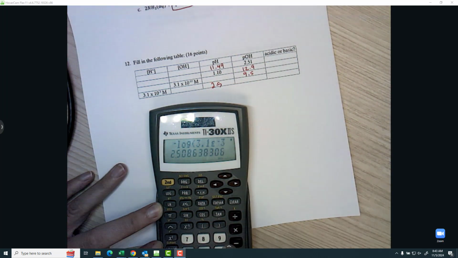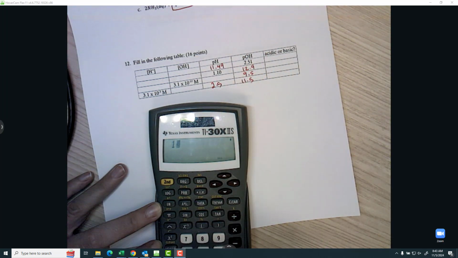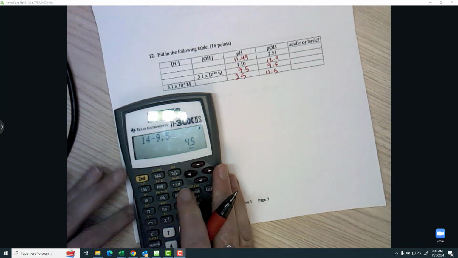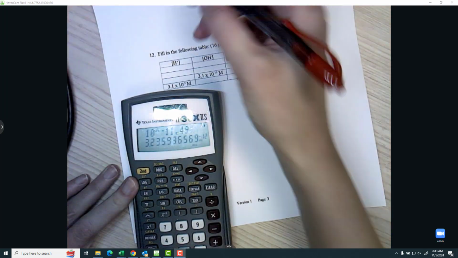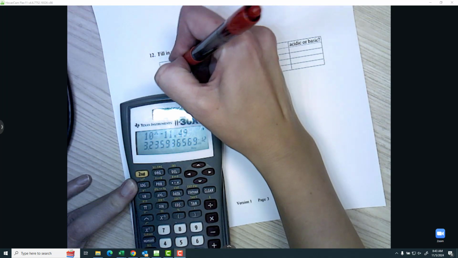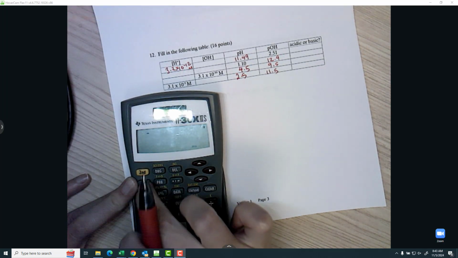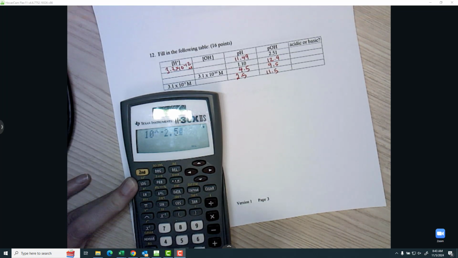And get all of those, and then whichever H plus and OH minus I'm still missing, let me finish this first. Now I'll just do 10 to the minus of whatever ones I don't have yet. Now, the pHs and pOHs don't have units, but the concentrations of hydrogen and hydroxide have units of molarity.